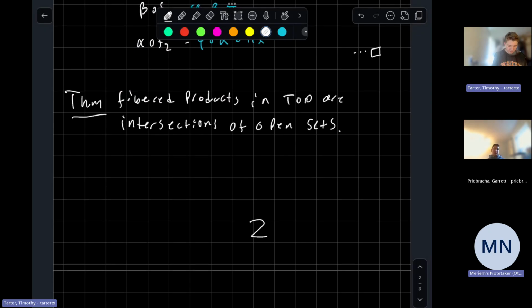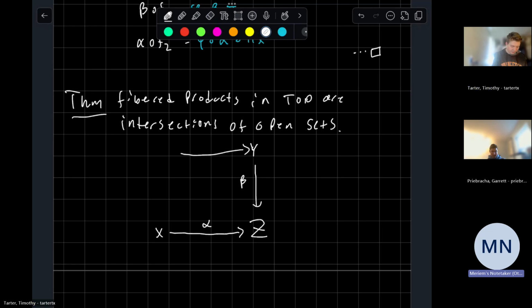Let's just set this up the same way. So X and Y are topological spaces that go into Z by alpha and beta. Then we have pi X and pi Y. This is not the fundamental group, I'm just going to clarify that now. And then we have the fibered product through Z of X and Y as the pullback.